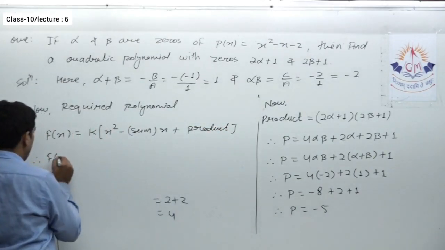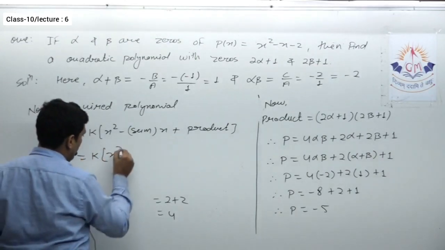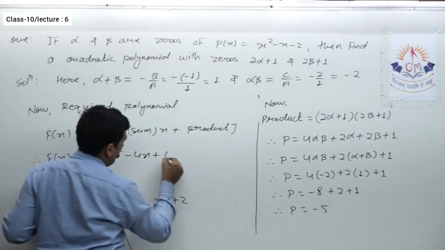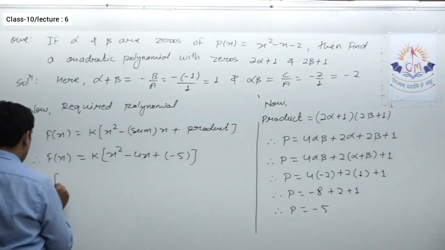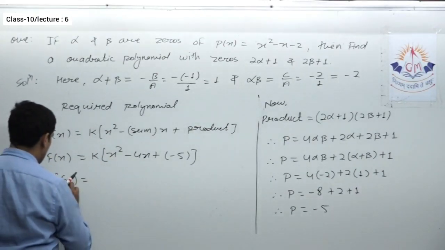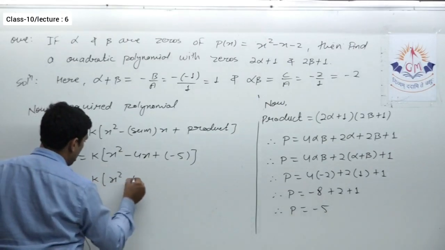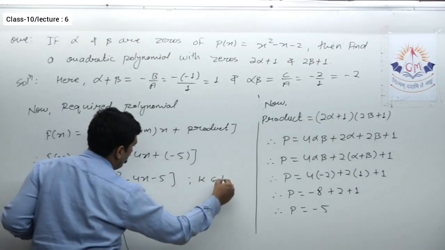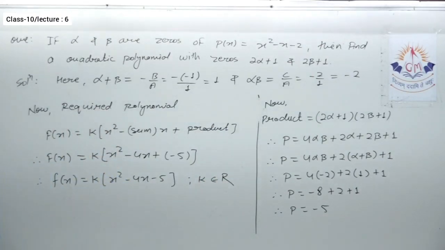Therefore f(x) is equal to k. In place of sum I can put 4, so 4x, and in place of product I can write minus 5. So ultimately the required polynomial is f(x) equal to k times x² minus 4x minus 5, where k belongs to real numbers. So please note these 4 lines.